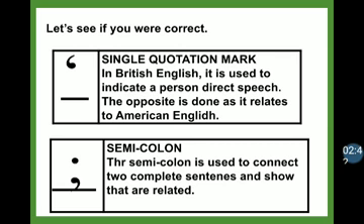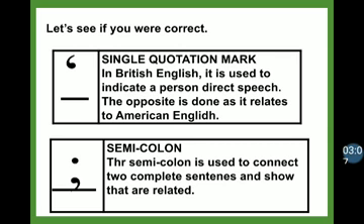So for American English, they use the double quotation mark. Yes, in Jamaica we do as well. Even myself is guilty of using the double quotation mark. We just need to be careful as it relates to the rules.